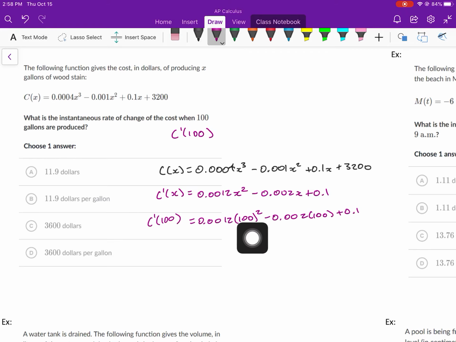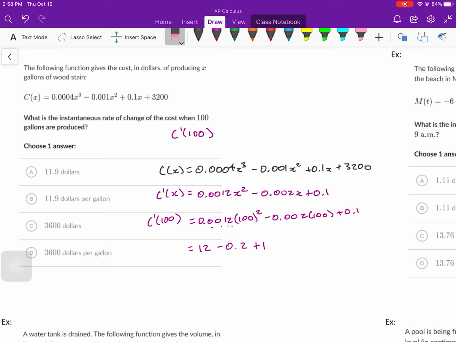And 100 squared means we're going to have 4 zeros, which means this decimal will move over 4 places. 1, 2, 3, 4. So that'll be 12. And then this one will move over 2 places. 1, 2. So it'll be 0.2, I believe, plus 0.1.